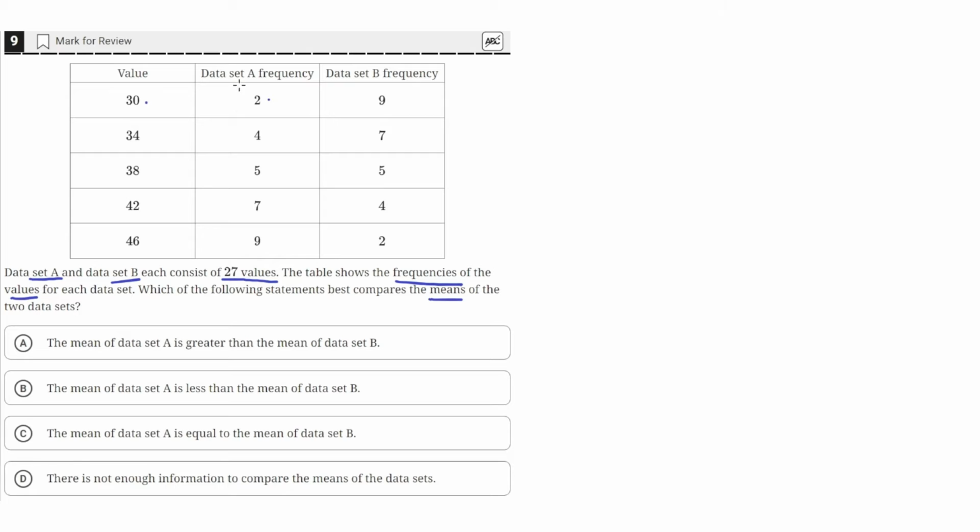So if we were to list out the values in dataset A, it would look something like this. First we would have 2 30s, so 30 and 30, and then we would have 4 34s, since the frequency is the number of times that something occurs. So the value 34 has 4 occurrences, so 34, 34, 34, and 34.